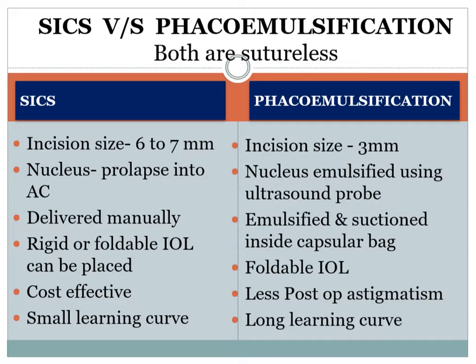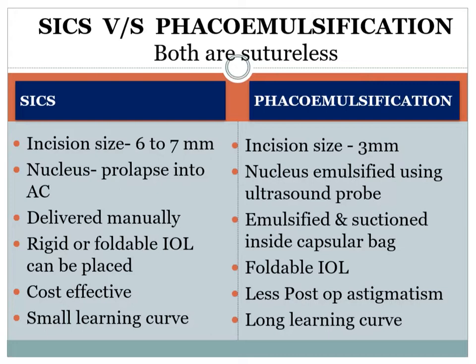Okay, tunnel incision is always a self-sealing one because it is a three-step incision. Okay, so but what is the difference is the incision size. So in small incision cataract surgery, that is manual small incision cataract surgery, the size of the incision is 6 to 7 millimeters, whereas in phaco it is 3 to 3.5 millimeters in size.